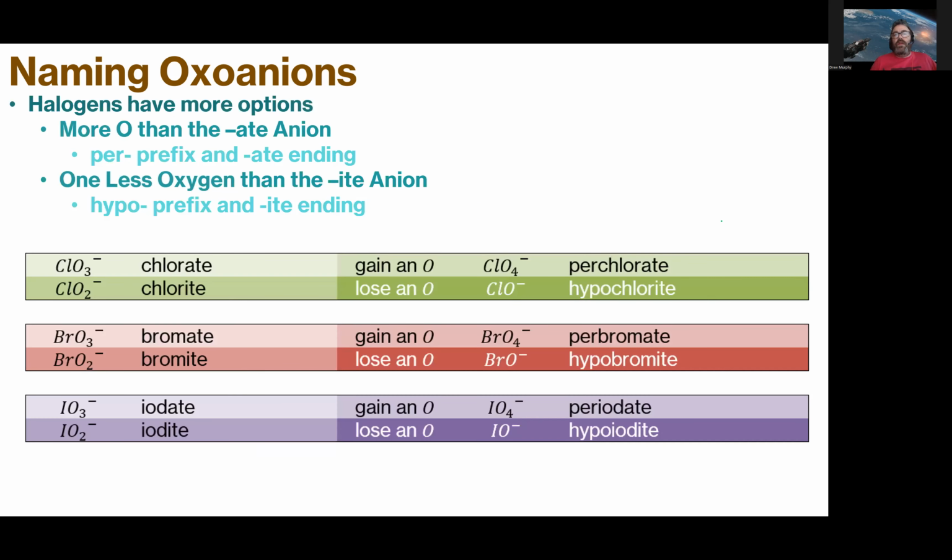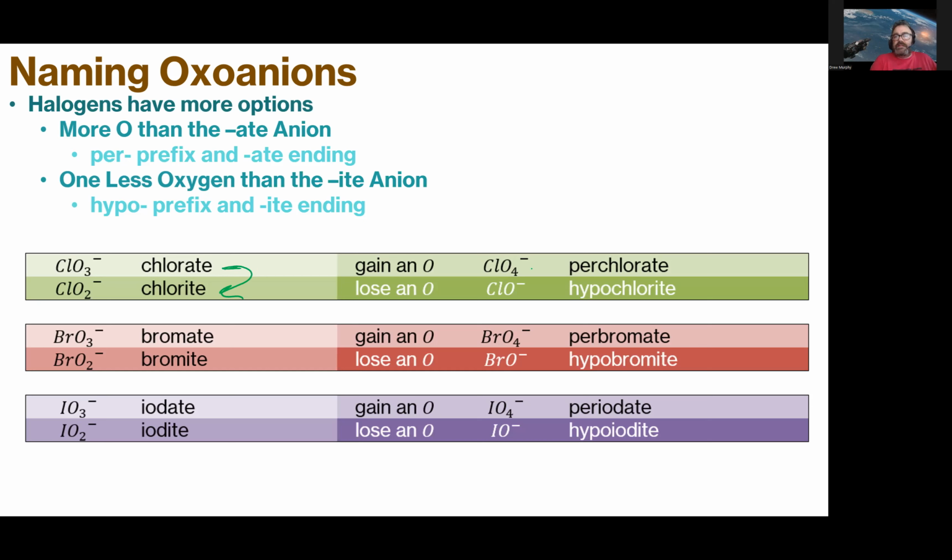Once we have that down, there are some weird ones. And again, we say transition metals are weird. I say halogens are weird. We got weird all over the place. Halogens are weird because they can have multiple polyatomic ions. So if we have ClO3 minus, this is chlorate. ClO2 minus is chlorite. That follows the pattern we just saw.